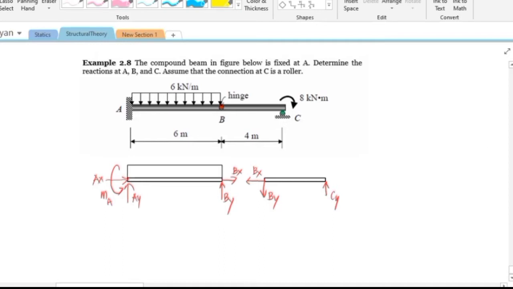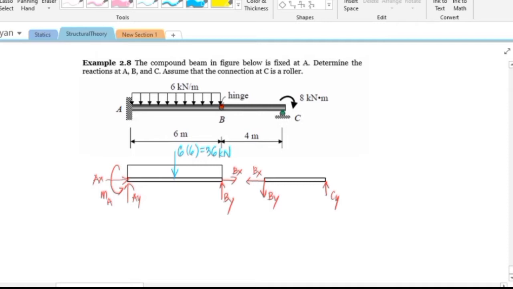So, para sa load natin, since we have here uniformly distributed load, yung magnitude ng resultant ng load natin is the area of the rectangle, which is 6 kilonewton per meter multiplied by the distance of 6 meters. So, that is equal to 36 kilonewton.